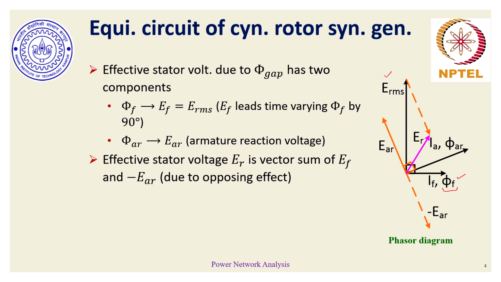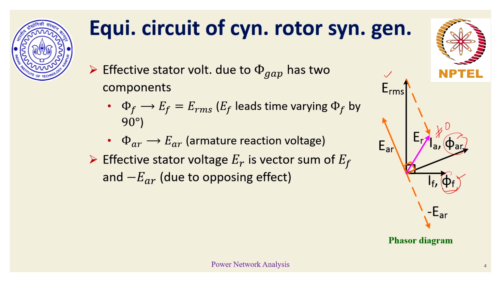And consequently, because of the armature current, which happens to be non-zero when the generator is loaded, there also exists this major reaction flux from the armature or stator, which is known as phi AR. And in the previous lecture, we had seen phi gap to be the vectorial combination of phi AR and phi F, which for the sake of simplicity I have not shown in this phasor diagram.